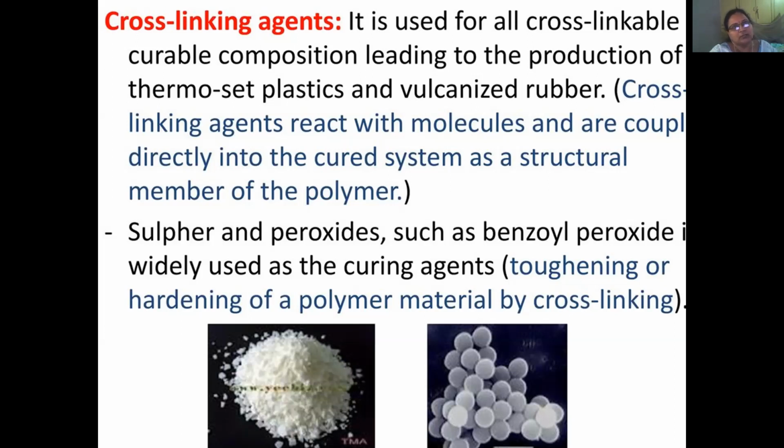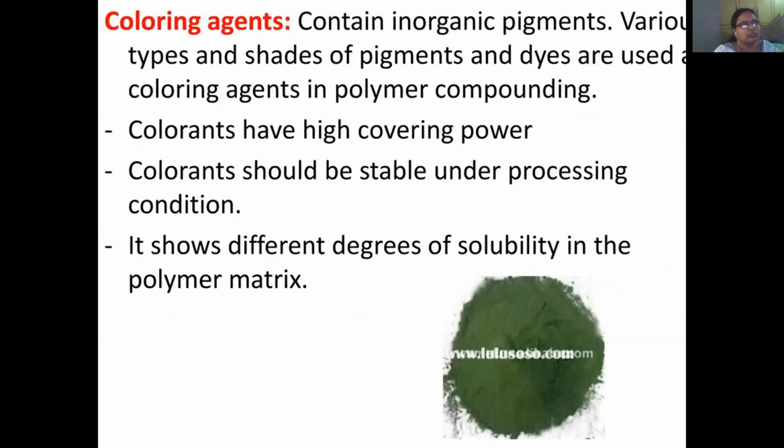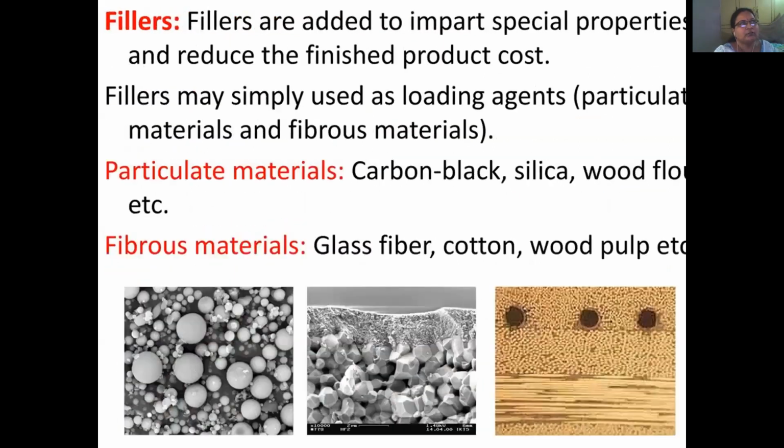In other words, benzoyl peroxide and hydrogen peroxide are used in order to accelerate the rate of reaction. So the rate of reaction of a polymer can be enhanced by adding accelerators. Examples for that are benzoyl peroxide and hydrogen peroxide. So all these can be used for compounding of plastics.